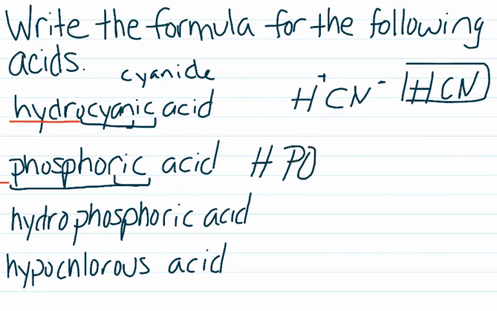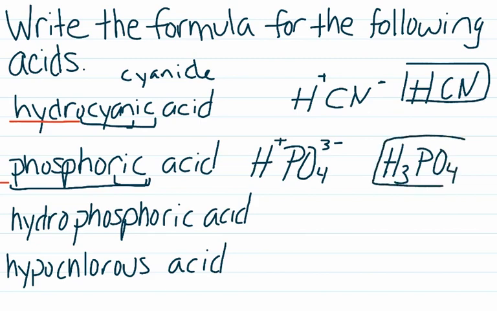Since it has an ic ending, it has to correspond with the ate polyatomic ion. Phosphate is PO4, 3 minus. Hydrogen is 1 plus, so now we need to balance these charges out. So H3PO4. This is phosphoric acid.